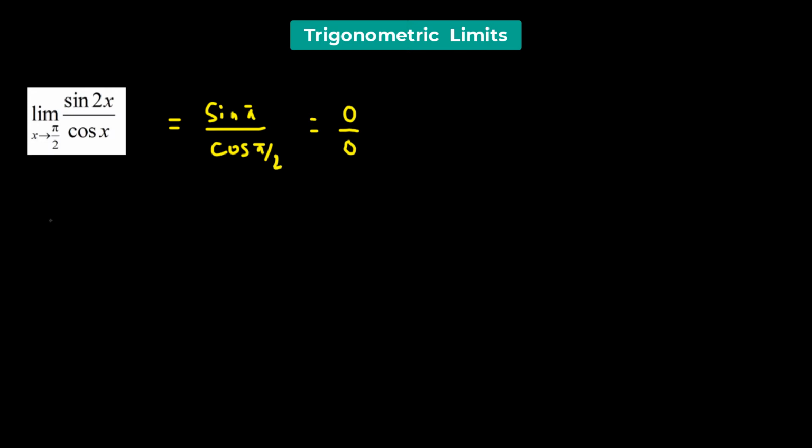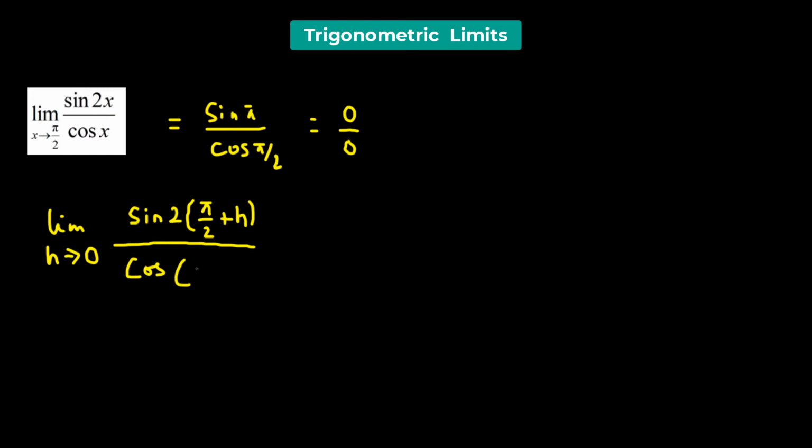So that means we'll need to change our limit. So we're going to change the limit from x to h. So we have h going to 0, sine of 2 times x, where x will get replaced by pi over 2 plus h, divided by cosine of pi over 2 plus h.